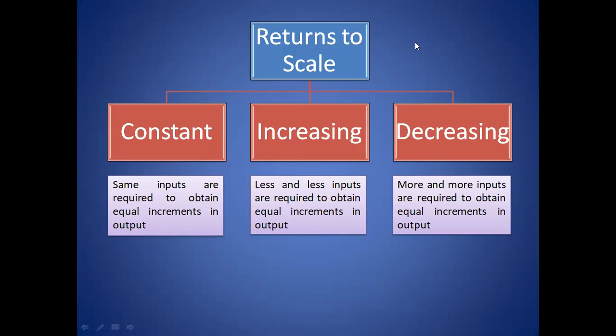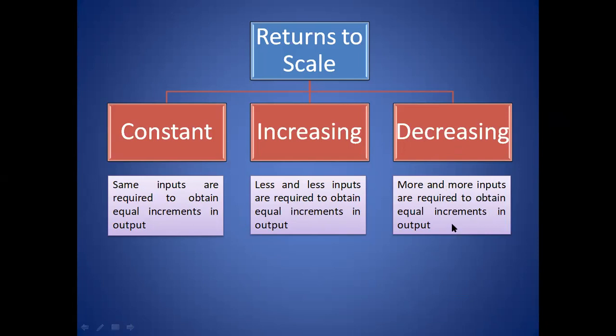In case of increasing returns to scale, less and less input is required to obtain the equal increment. With less and less input you get equal increment, that means it is increasing returns to scale. Then the last one, decreasing: more and more input you have to give to obtain the equal increment.